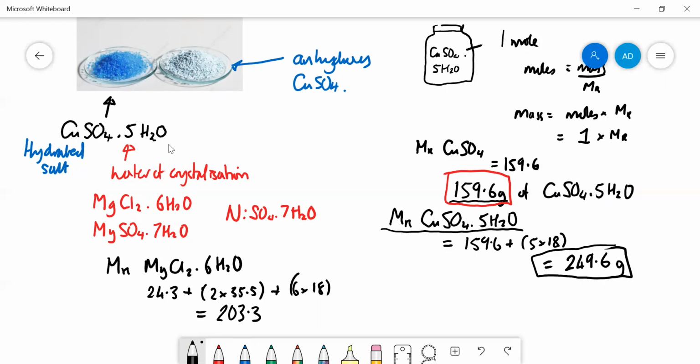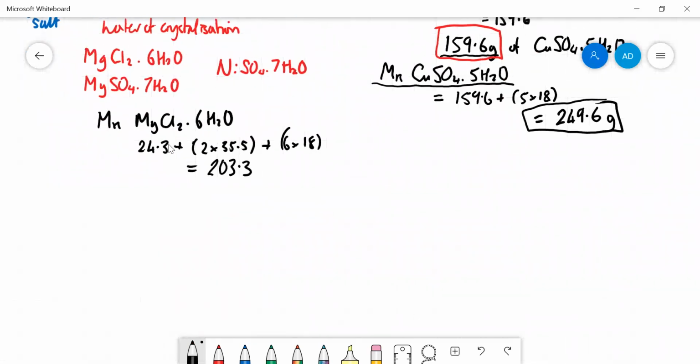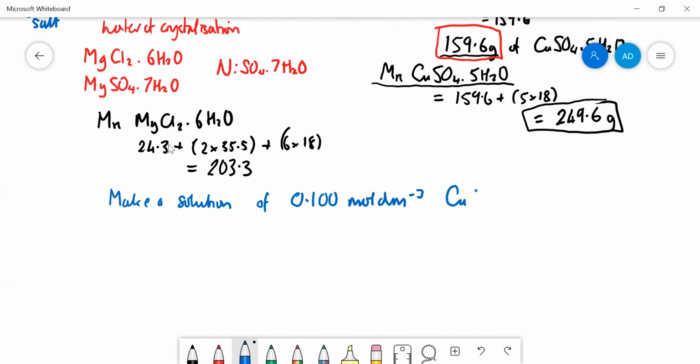One more thing I just want to talk about, and this sometimes causes a bit of confusion. Say I'm going to make up a solution of 0.1 mole per decimeter cubed copper sulfate.